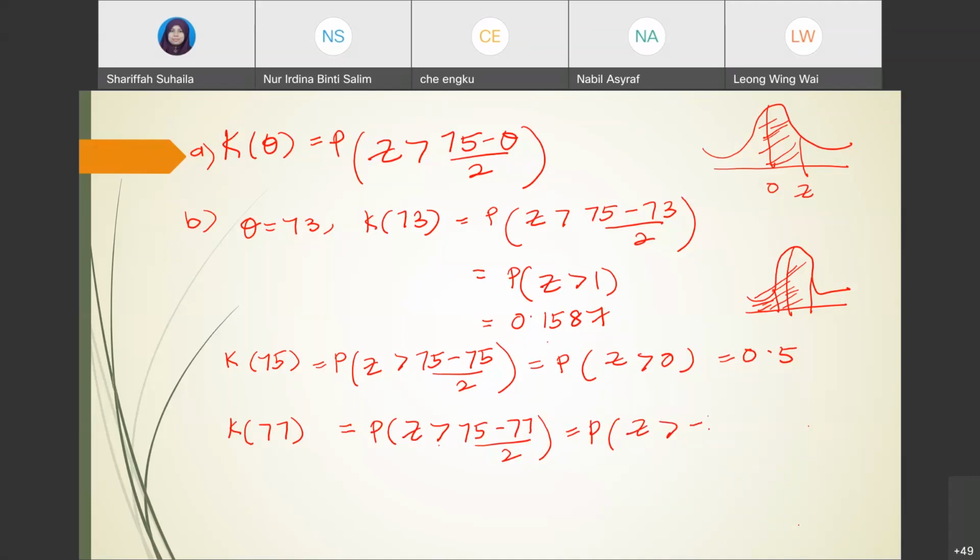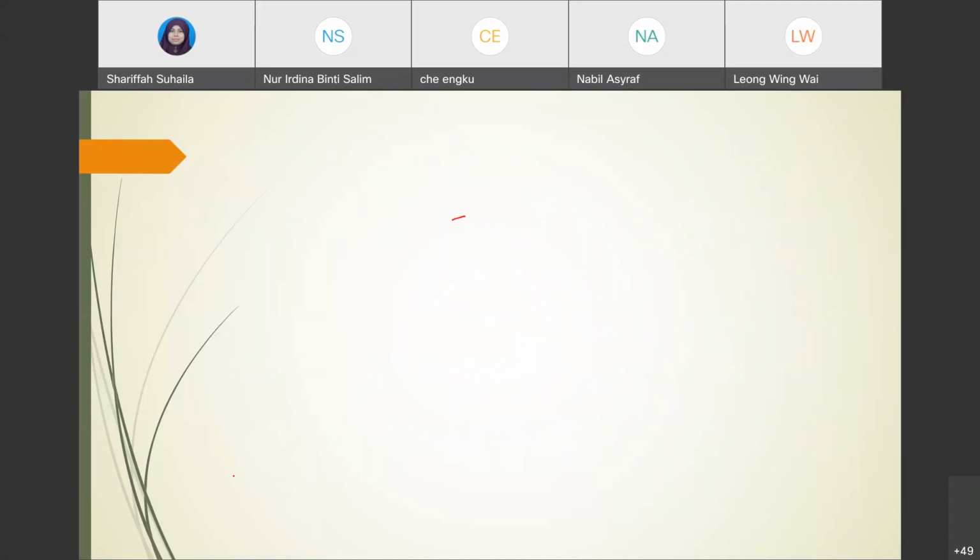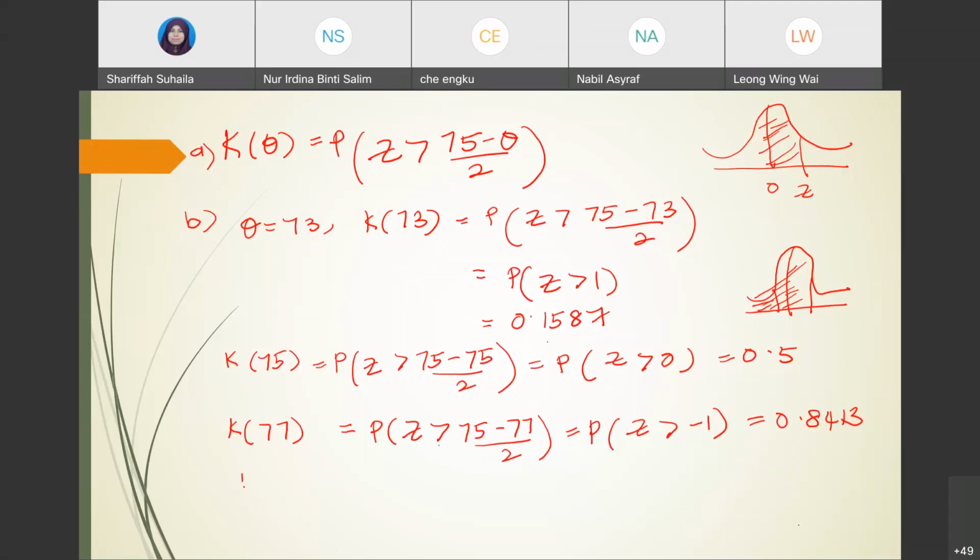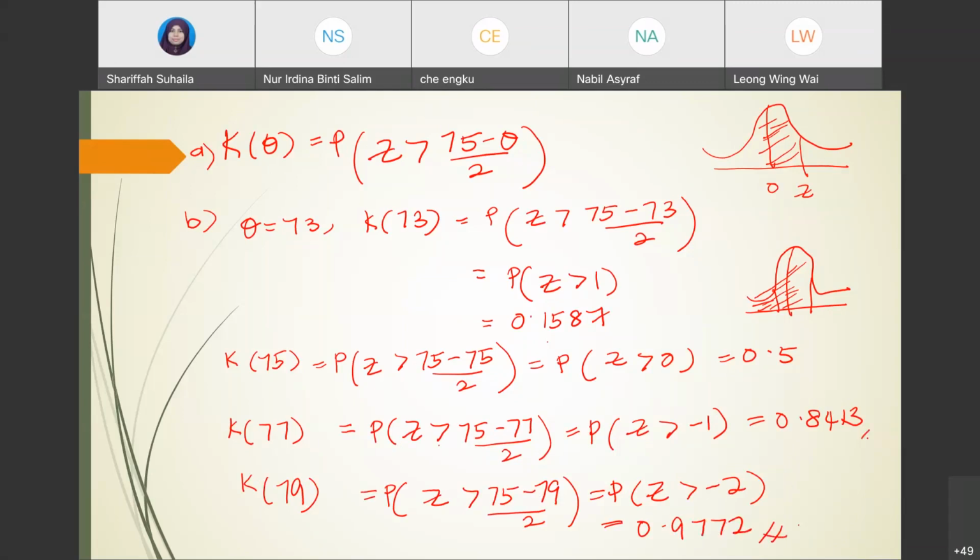So Z greater than minus 1 gives 0.8413. And the last one, K79: probability Z greater than (75 minus 79) divided by 2, so Z greater than minus 2, which is 0.9772. So you have 4 values for theta.